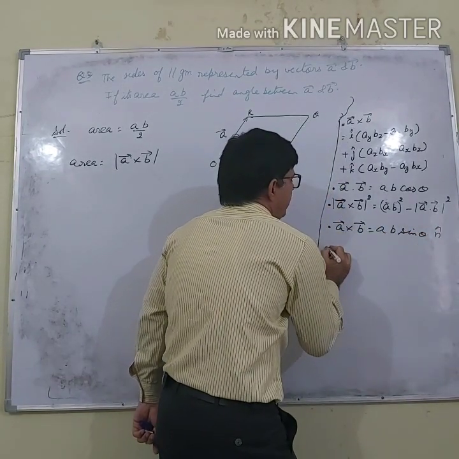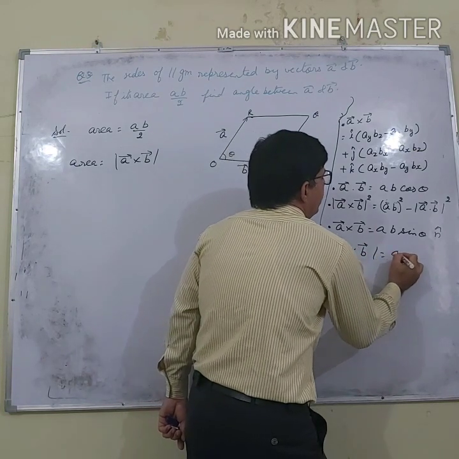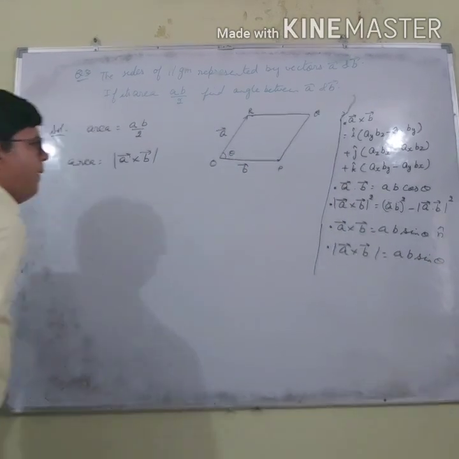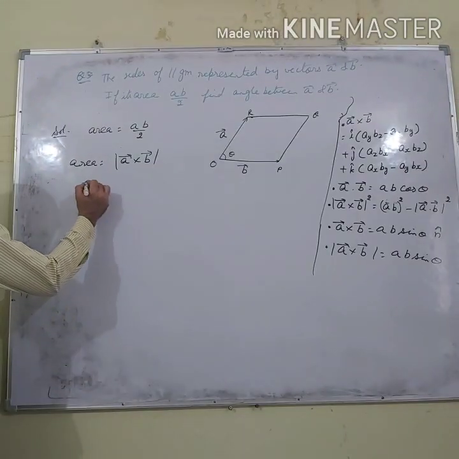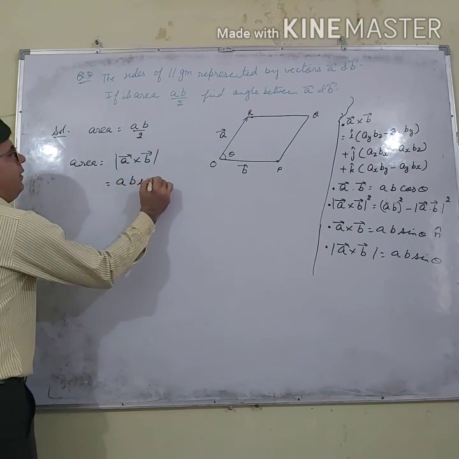And what is the magnitude of A cross B? Remove the vector, it is AB sin theta, right? And this is AB sin theta.